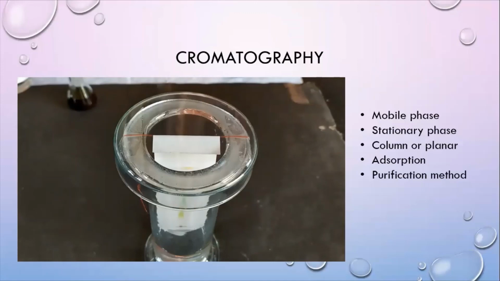We also have different types of chromatography. We can use gas chromatography, in which the mobile phase is usually a gas, and this is used, for example, in forensics to know what components were found in samples or to recognize different components in a crime scene.